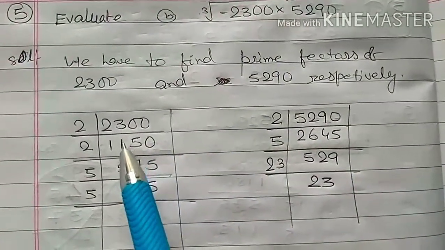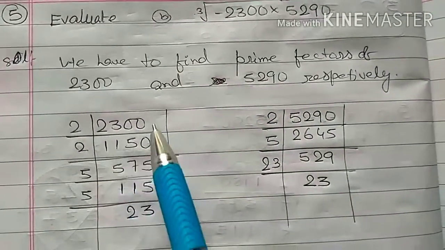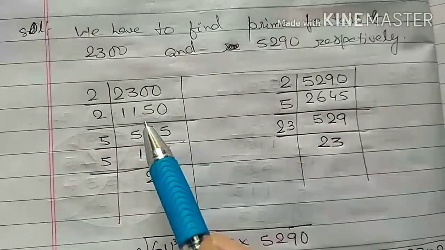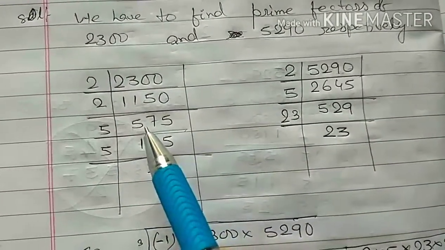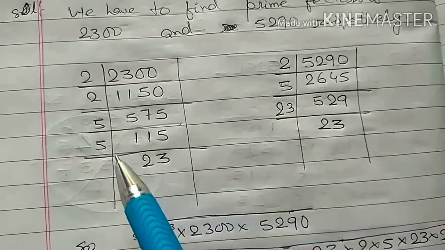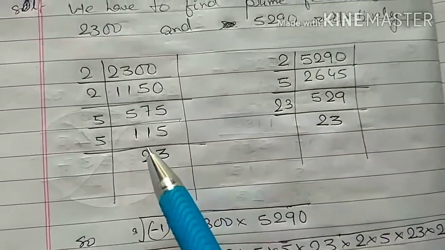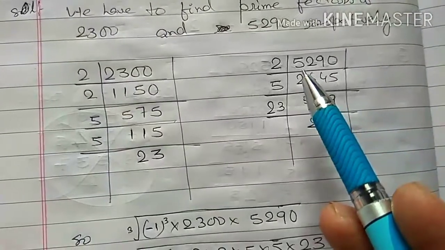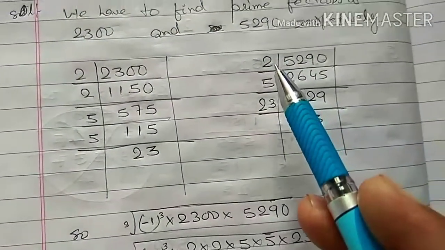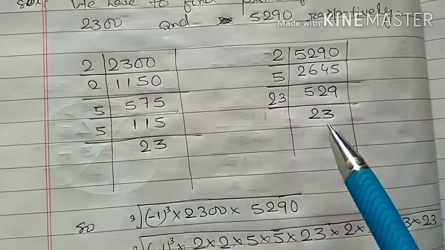So in terms of getting the prime factors of 2300, dividing by 2 we get 1150, and by 2 it becomes 575, and by 5 it becomes 115, and by 5 it is 23, which is prime. Similarly, if you divide 5290, we get the factors 2 into 5 into 23 into 23.